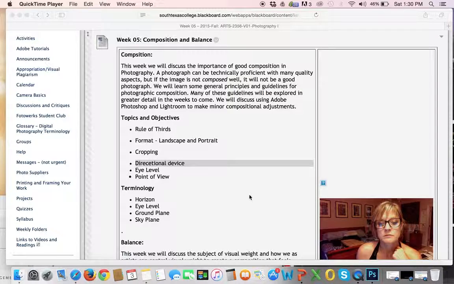So now we're actually going to start having a little bit more fun, or at least what I think is fun. This time around, we need to start talking about what our pictures look like, and how to make a good, well composed, well balanced picture.